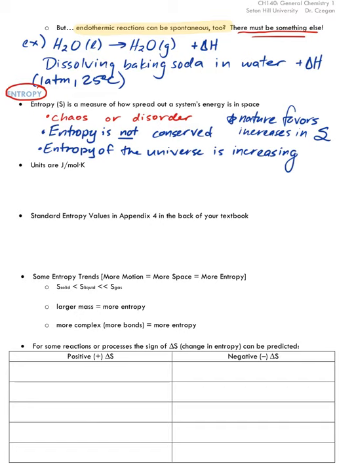Even though entropy, this idea of a spread out system's energy, is a very abstract term, I think we can think of practical everyday examples to understand how nature favors entropy. So, for example, I think about my kids a lot when I think about this topic.